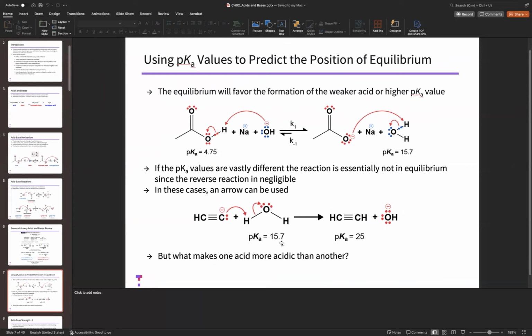All right, so we looked at this reaction on Monday, and we saw how to find the direction the equilibrium lies, depending on the pKa values. The smaller the pKa, the stronger the acid.